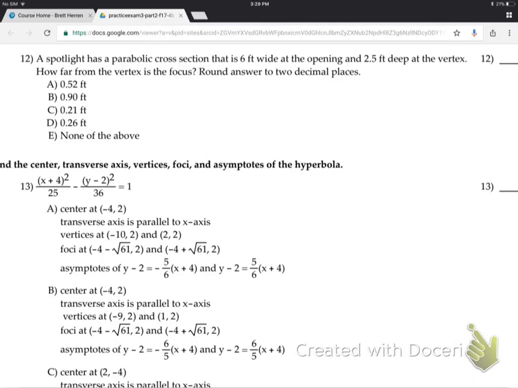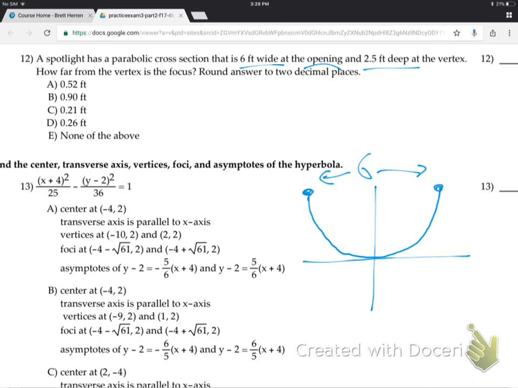Okay, spotlight, again, parabola. So I'm going to draw a parabola here, and I'll make it go up just like the last one. It has a cross section 6 feet wide, so this is 6 feet wide at the opening, 2.5 deep. 2.5 feet deep.